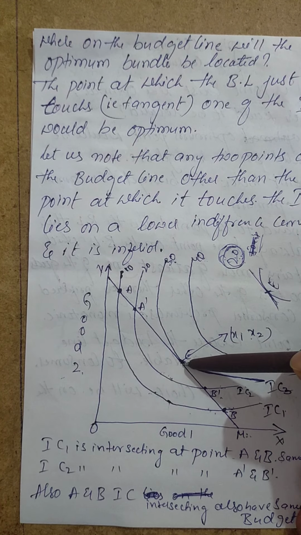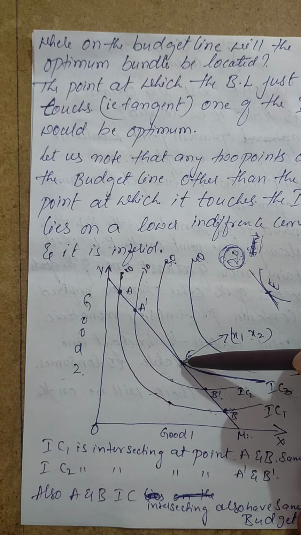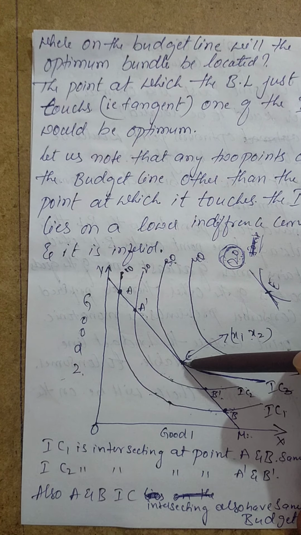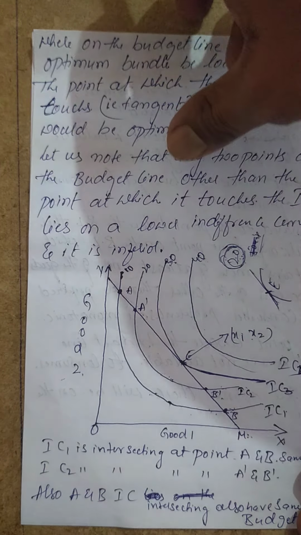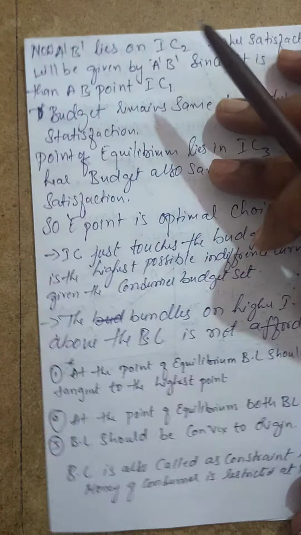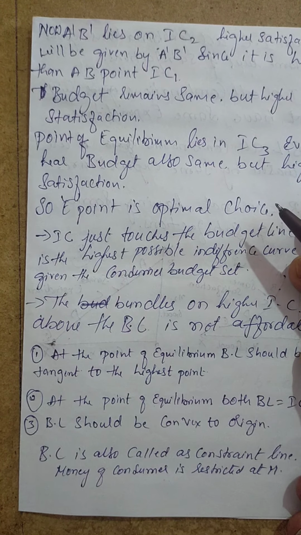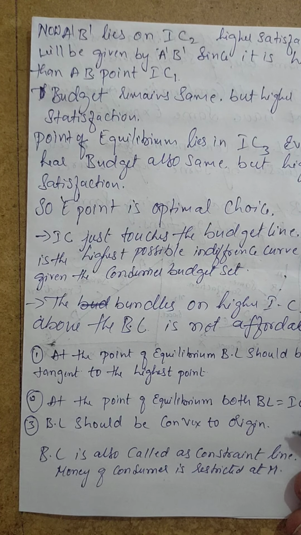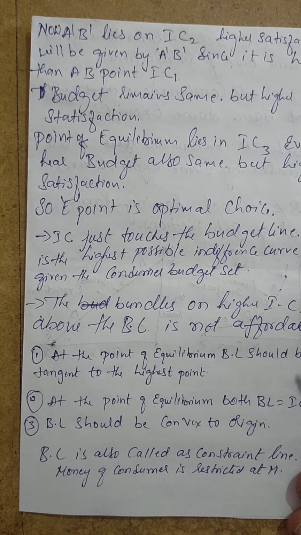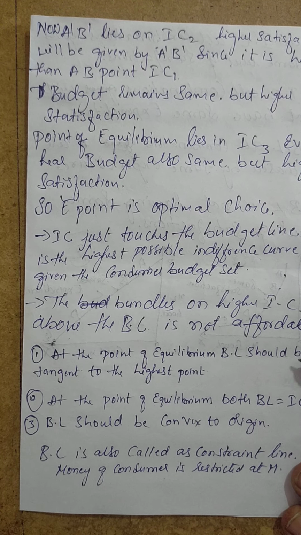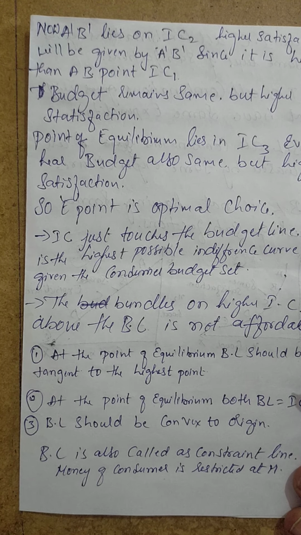He is maximally satisfied over here, since this particular point is called the point of equilibrium. Both budget line and indifference curve are equal here. Next, that was the optimal choice. Based on that, there are certain points when you talk about the optimal choice.